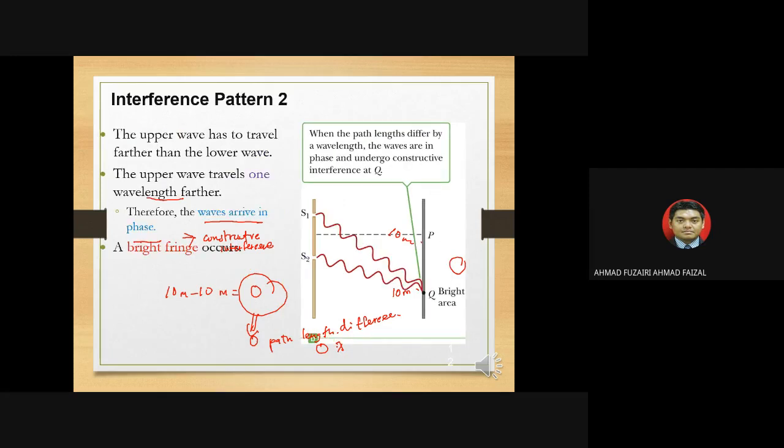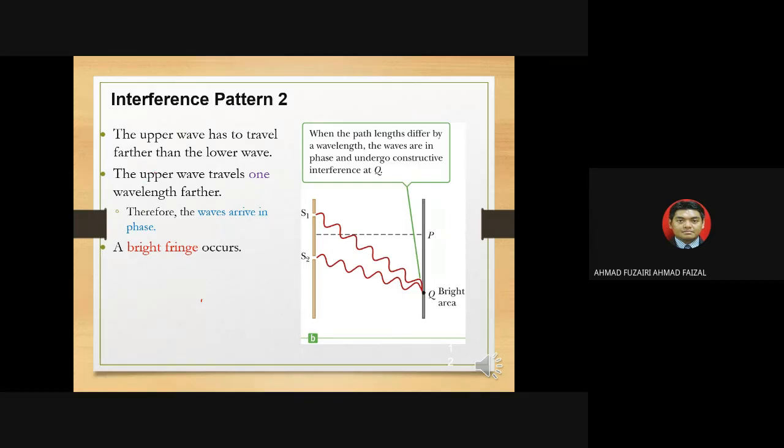So look at pattern number 2. Okay, pattern number 2, okay, the upper wave has to travel farther than the lower wave. Okay, maksudnya wave yang travel daripada S1 akan lebih 1 berbanding S2. Okay, contoh dia, if S2 is travelling 9 meters, so the wave from S1 will travel 10 meters.